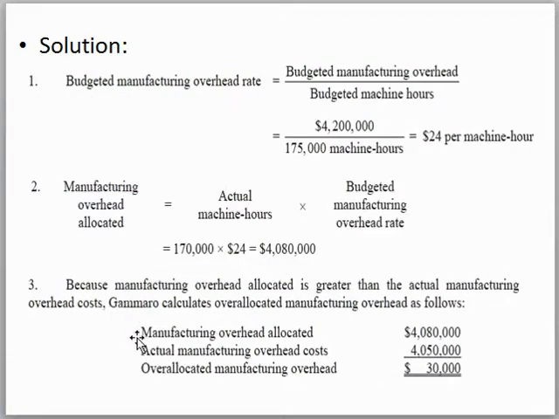Here is manufacturing overhead allocated 4,080,000 and the actual overhead cost 4,050,000. We will get that the overhead allocated is more than the actual, so there is an over allocation. Over allocated manufacturing overhead is 30,000.